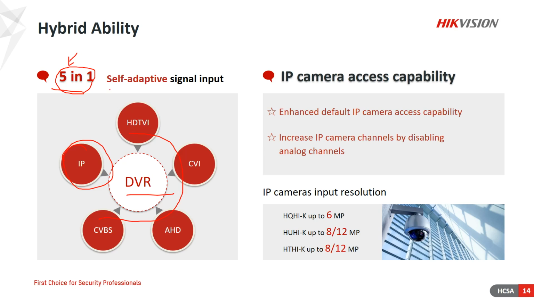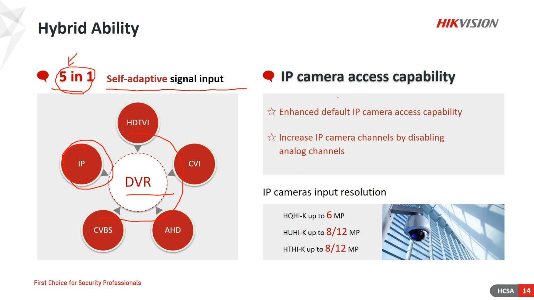And it is also self-adaptive, which means no matter what kind of signal you input to the DVR, it is going to receive it. Okay, so this is very awesome. It means the DVR is going to access both the analog camera and the IP camera. This is very powerful.